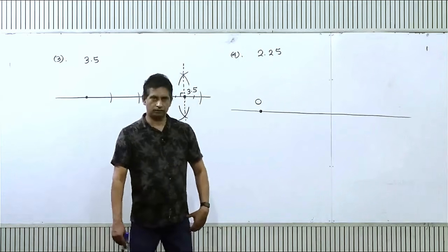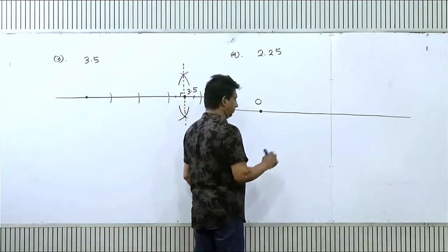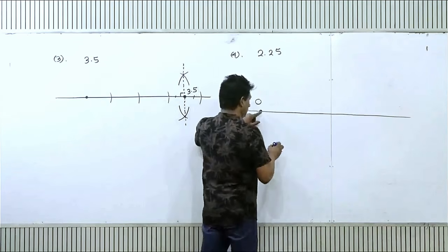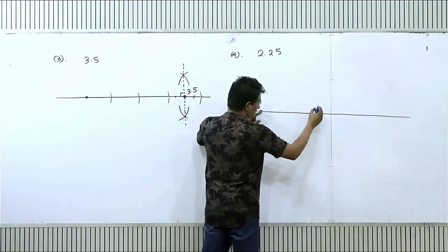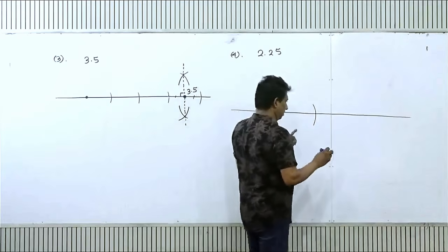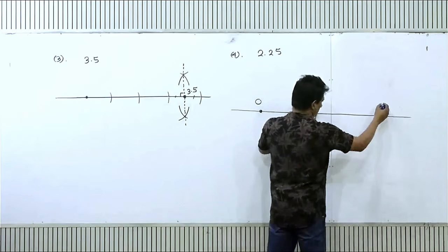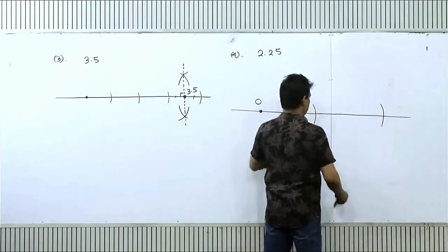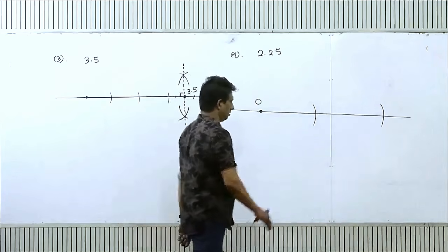Then you take any distance in the compass, put the end here and draw an arc. Then without changing the distance, you put one end here and draw another arc here.